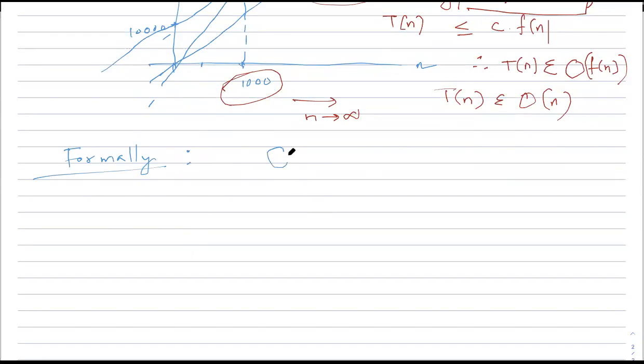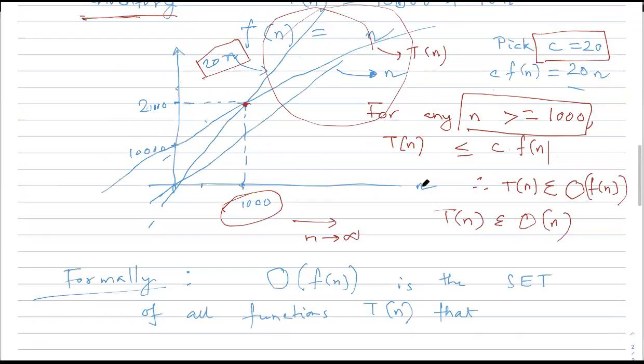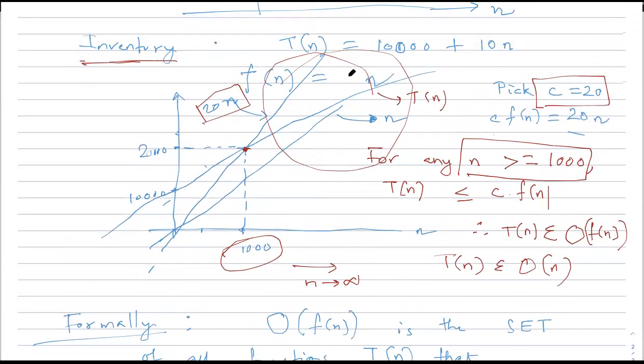So we can now say the order of f of n is the set of all functions T of n. You see why it's a set of all such T of n, because you can come up with many such T of n, for which T of n is upper bounded by C times f of n.